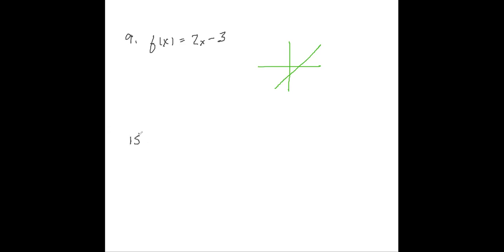let's do number 15, where we have f of t is the height of a football t seconds after kickoff. What would the shape of this function be? It would be an upside down U. Yep.